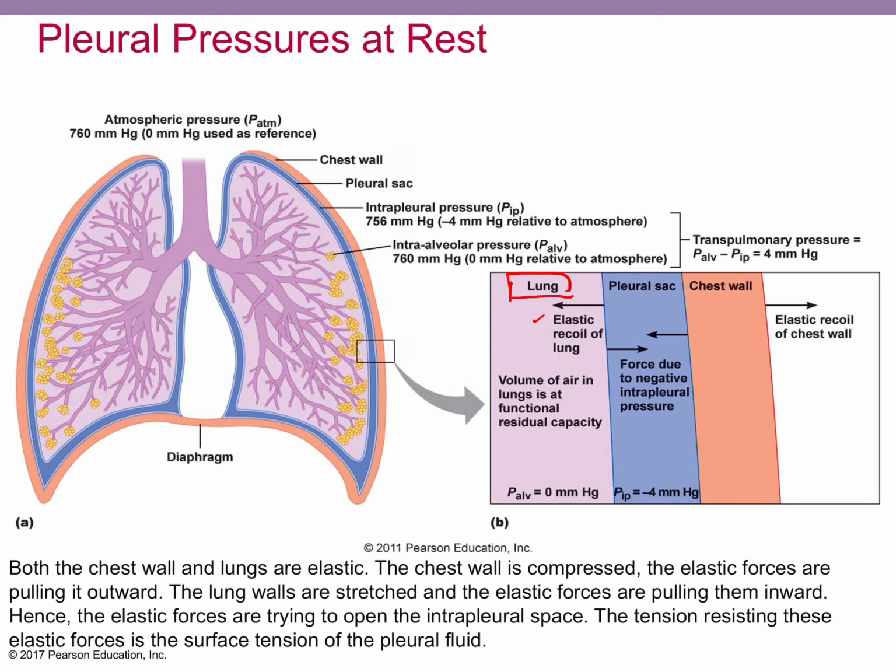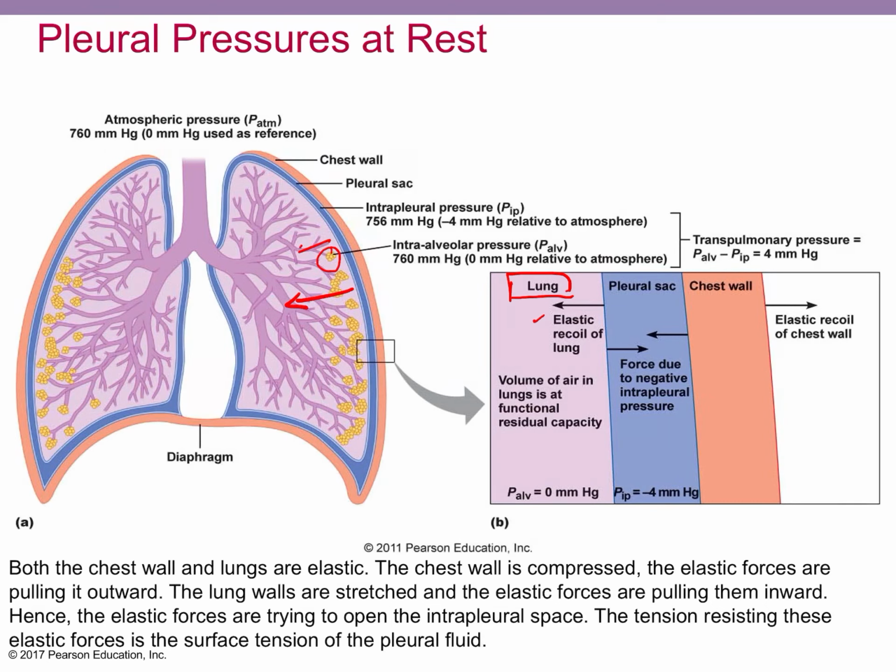So the elastic recoil is going to pull the lungs in to make them smaller. And it's going to pull away from the thoracic chest wall, away from that pleural sac. So the forces pulling the lungs inward would be this elastic tissue pulling the lungs inward, and then there is the surface tension inside the alveolar fluid, which also creates an inward pressure.